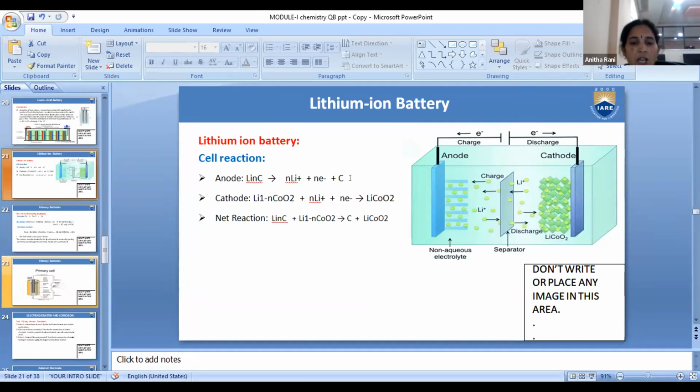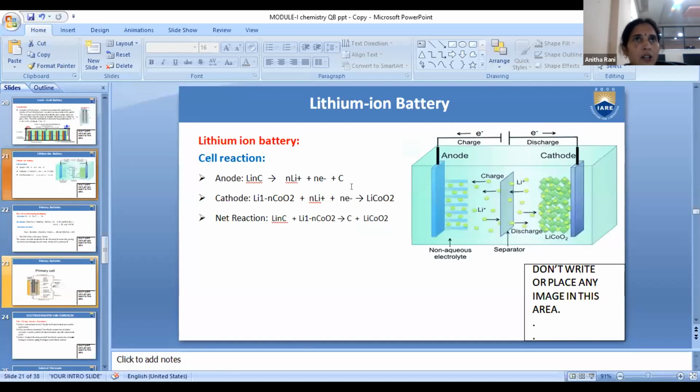Electrolyte is a lithium salt, lithium tetrafluoroborate. That is the lithium salt we will use as electrolyte.